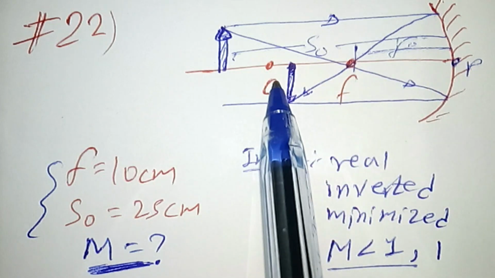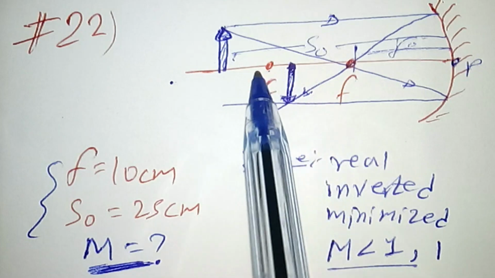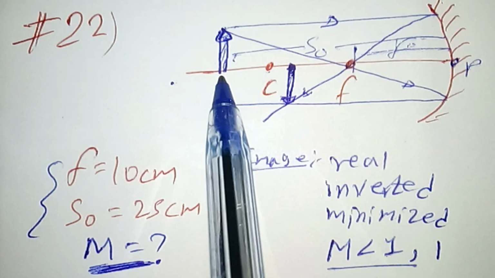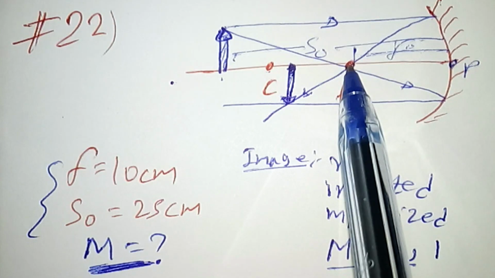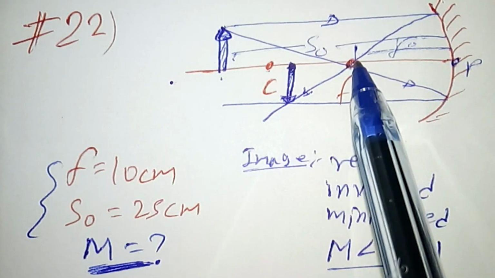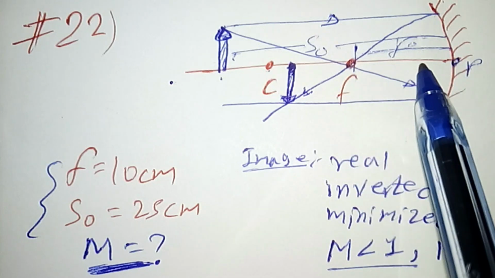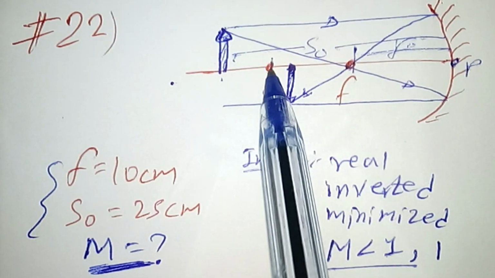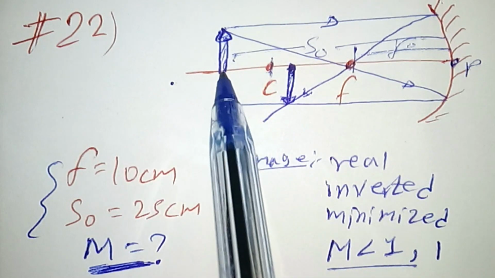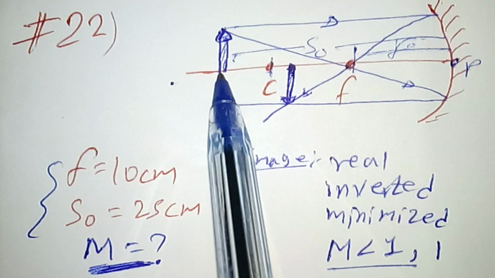Then we know that the object is placed beyond the center of curvature, because if the focal length is 10 centimeter, the center of curvature is twice the focal length of that mirror. So the center of curvature is at 20 centimeter, but the object is placed at 25 centimeters, so it is behind the center of curvature.